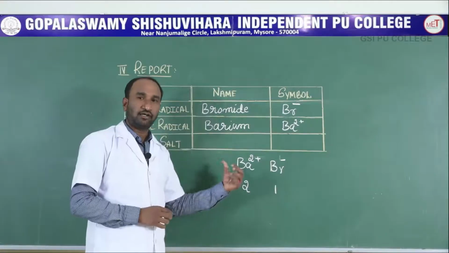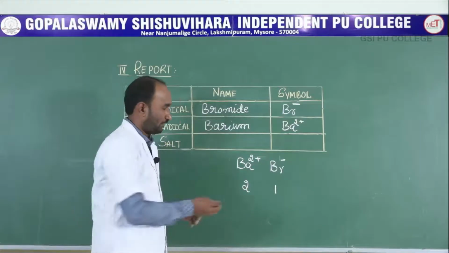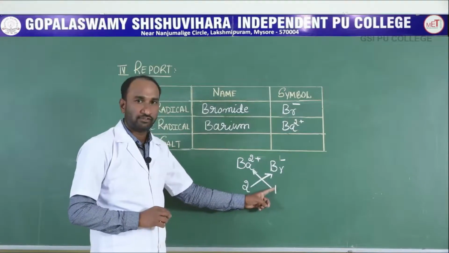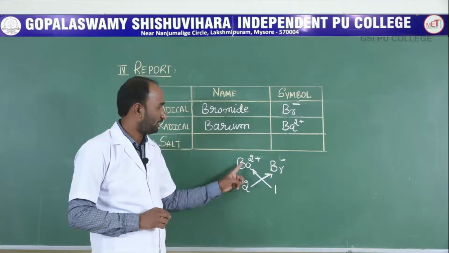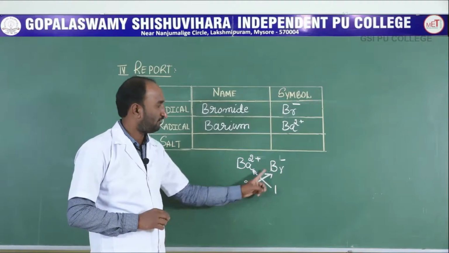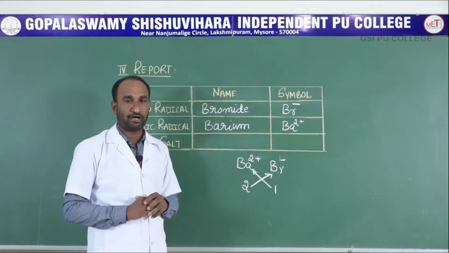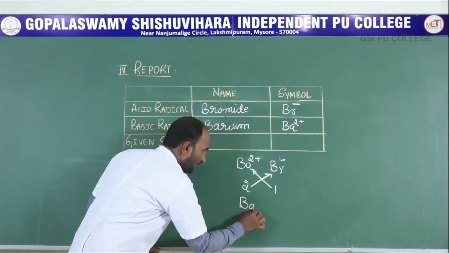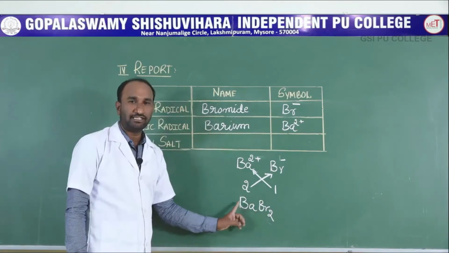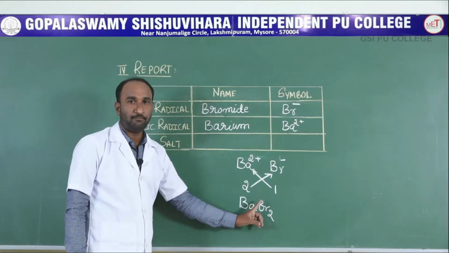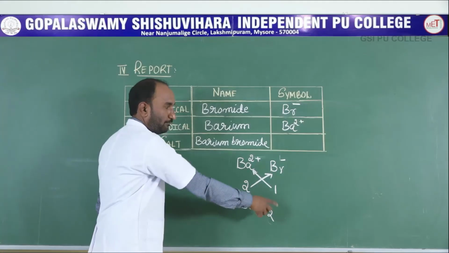Just cross multiply the charge of both the ions. The charge of bromide, 1, goes with barium. The charge of barium, 2, goes with bromide. That is, the given salt formula is BaBr2. The given salt name is barium bromide. The symbol of the salt is BaBr2.